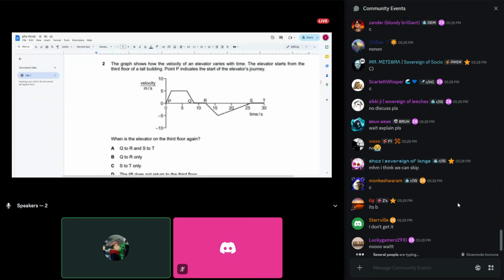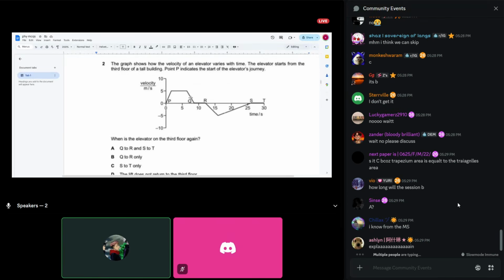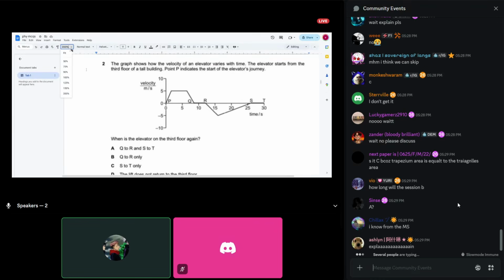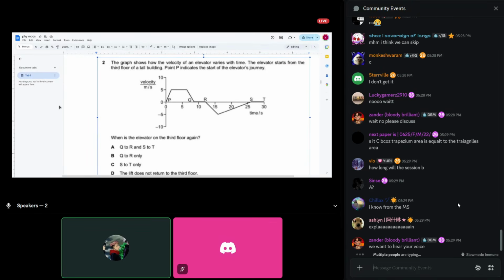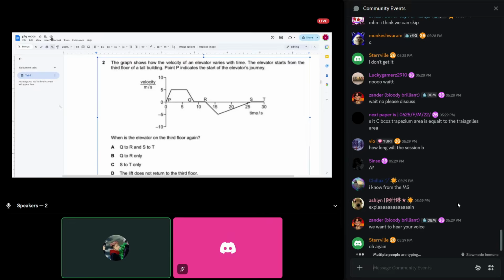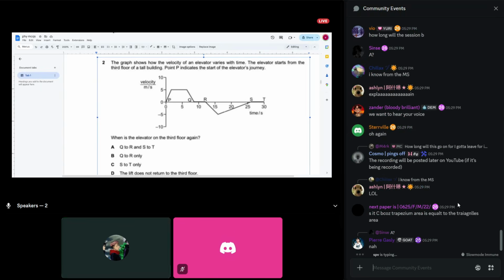Okay, there are a couple of people that don't understand, so I will continue with this. Alright, look at this. We use the principle of area under the graph, which I think you've definitely learned in kinematics. Because it's velocity, positive and negative, we can find the vertical distance traveled upward and the vertical distance traveled downward.